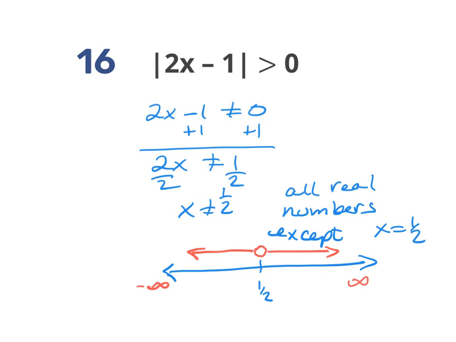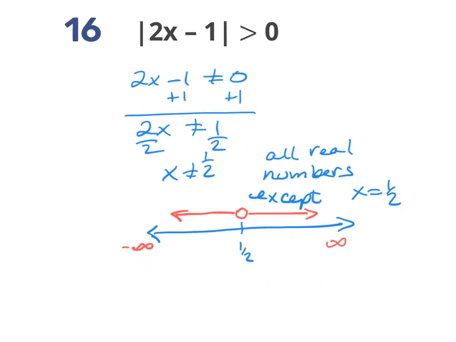So the special cases are the hardest thing about the absolute value. So this goes from -infinity up to the 1/2. It hits that hole, it jumps over it, and then it starts up again. And that would be the interval notation for that special case.